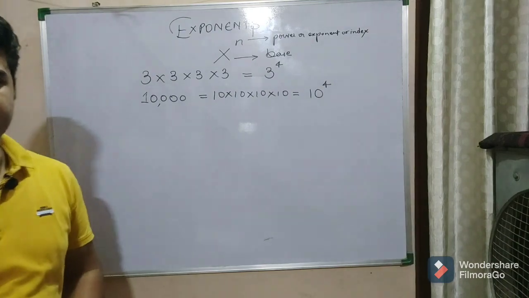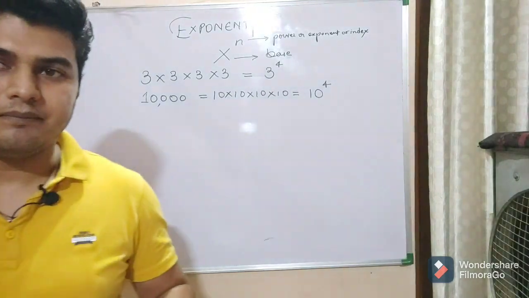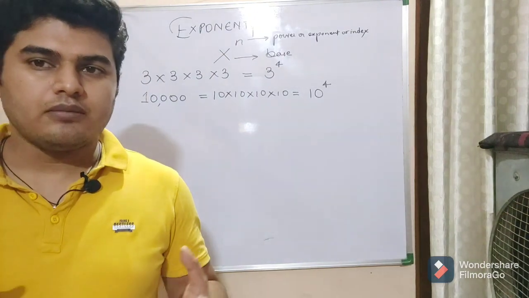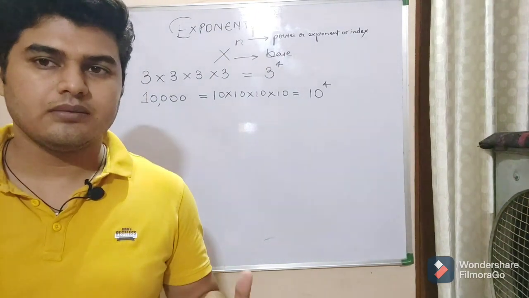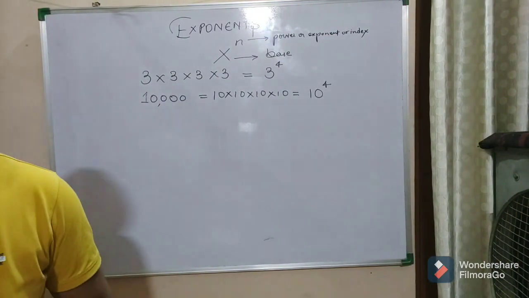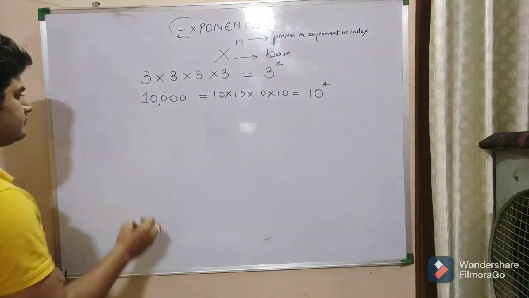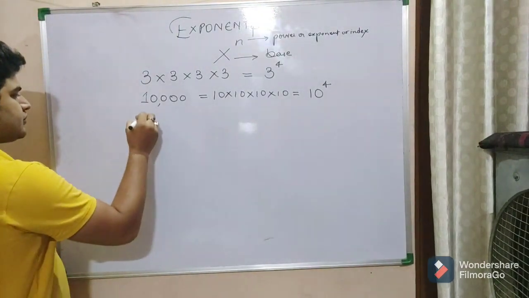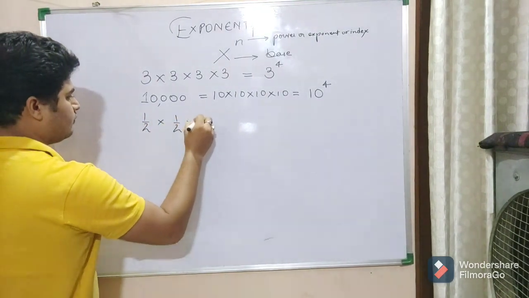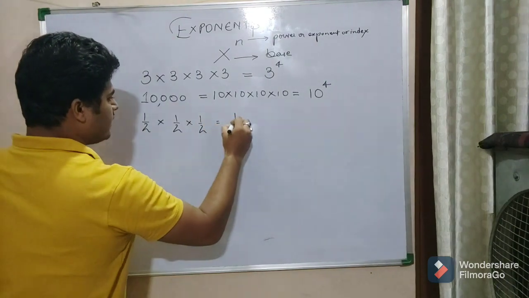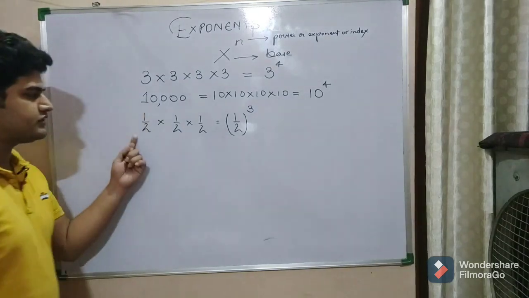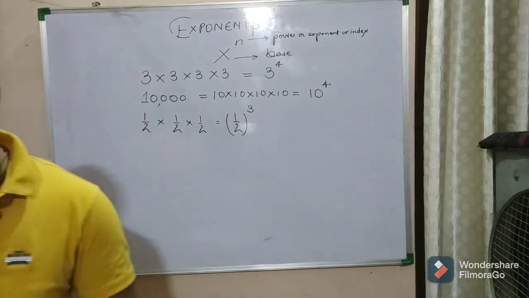So by using exponents, we can convert bigger multiplications, bigger numbers, into smaller numbers using the powers. The same is applicable to fractions also. Like in the case of the corona patients, it was 1 by 2, 1 by 2, 1 by 2, which can be called 1 by 2 raised to the power 3, because it is 3 times.